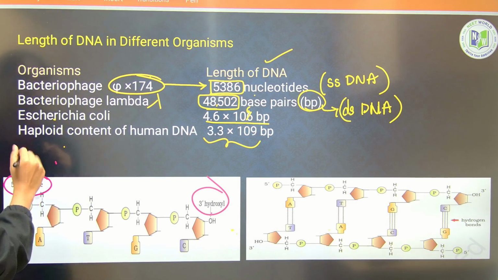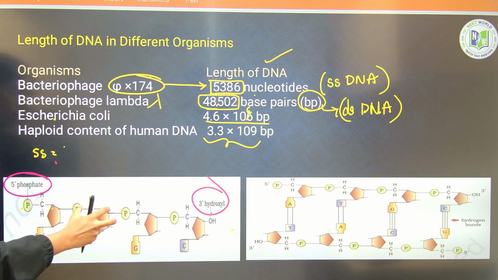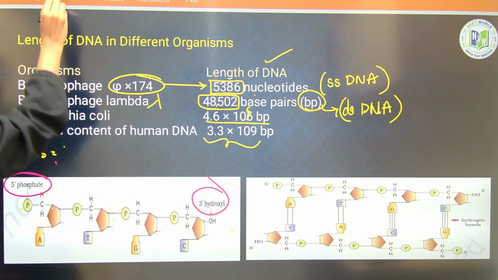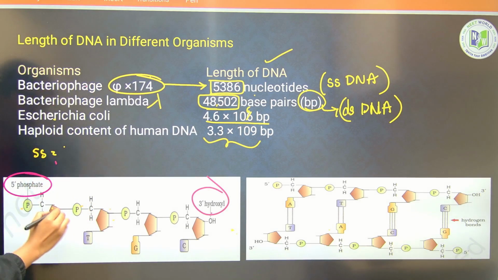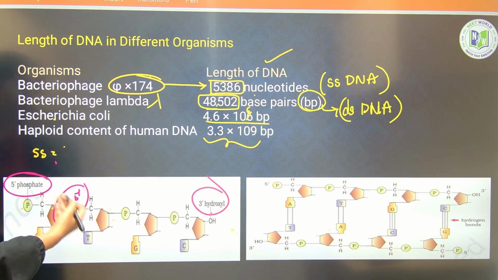In a single stranded DNA, an N-glycosidic bond is involved between the nitrogenous base and sugar. A phosphoester bond is involved between the nucleoside and phosphate group. To connect 2 nucleotides, the 3' OH group of one nucleotide is linked with the 5' phosphate group of the succeeding nucleotide.